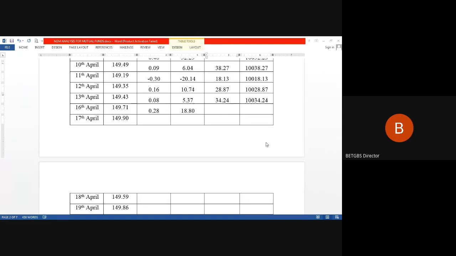So this we have to add to the 34.24. 34.24 plus 18.80, so it is 53.04. So here also it will change.